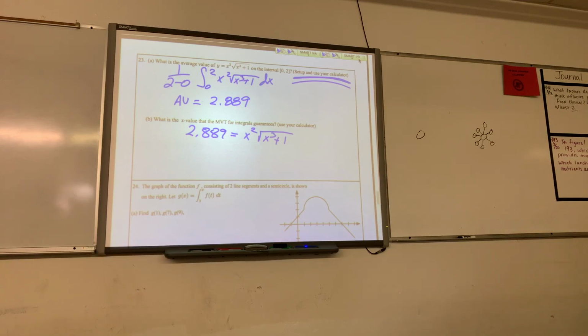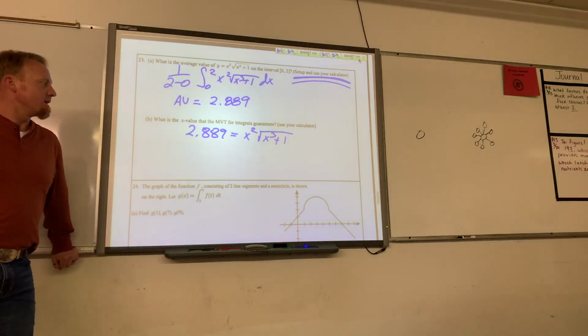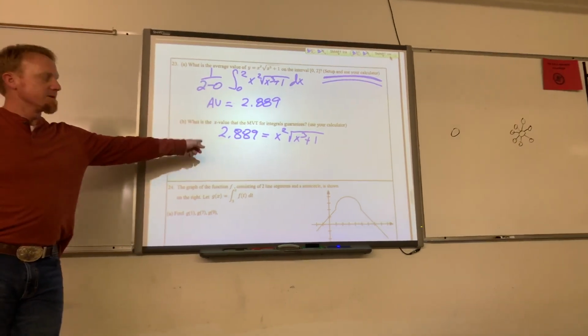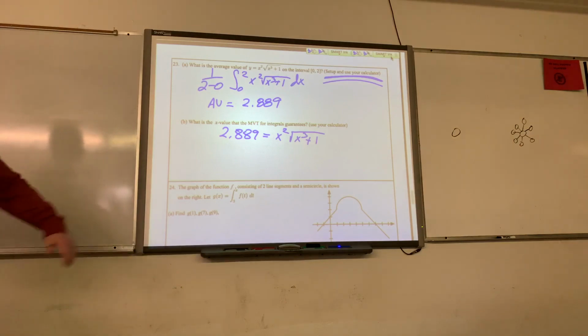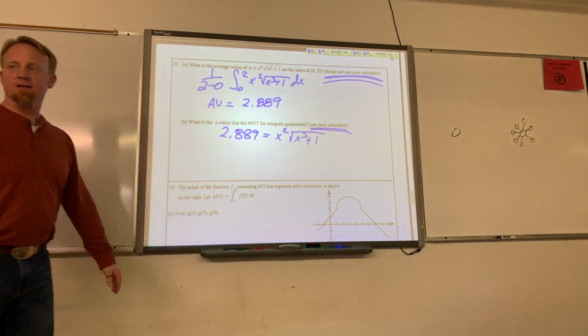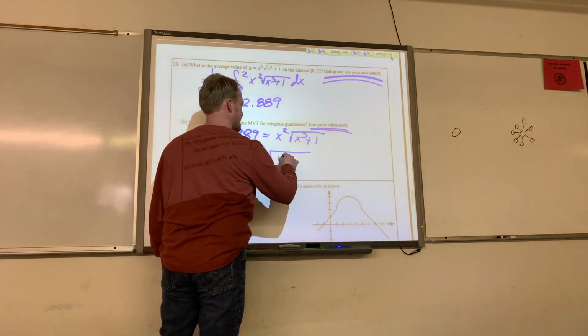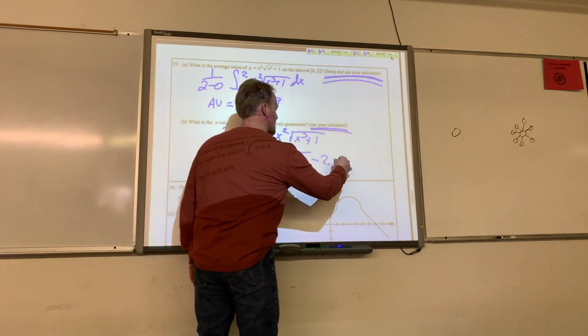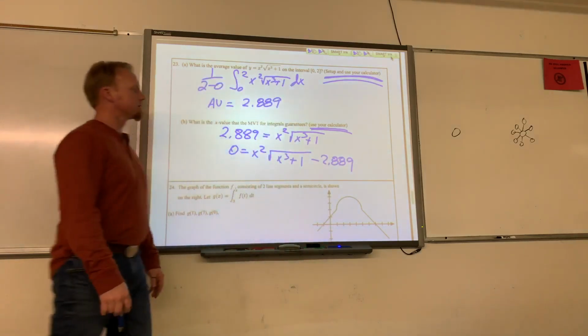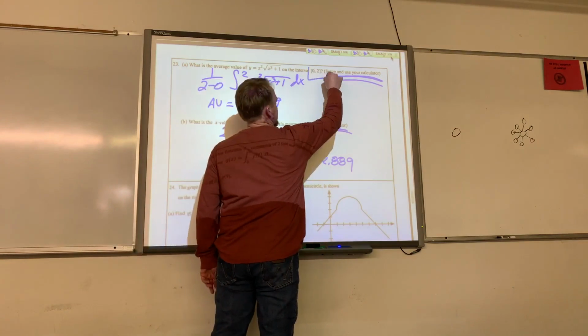There's a y value that exists on my interval that equals the average value. Very good. Again, it says use your calculator, so I subtract that, then graph it, and look for where it crosses the x-axis on my interval.